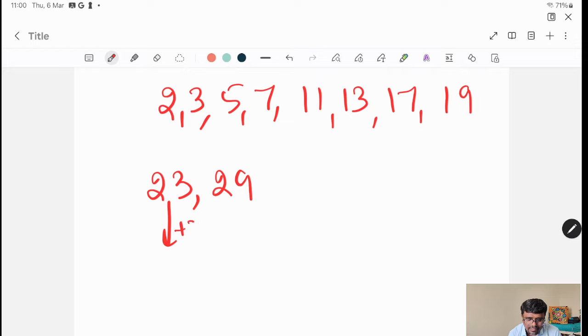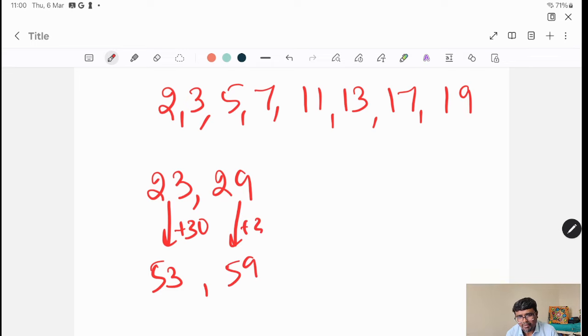If you add 30, this gives 53 and 59. Adding 30 is just a trick to remember. If you remember directly, it's fine, but even if you get confused, just add 30. Again add 30: 53 plus 30 is 83, a prime number. And again 30, that is 89, a prime number.